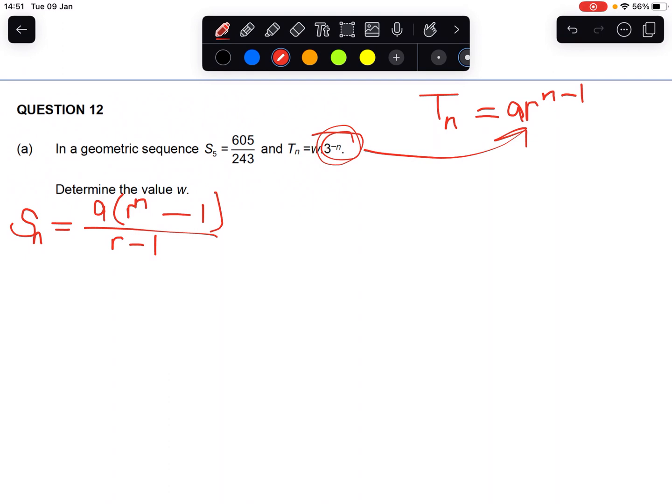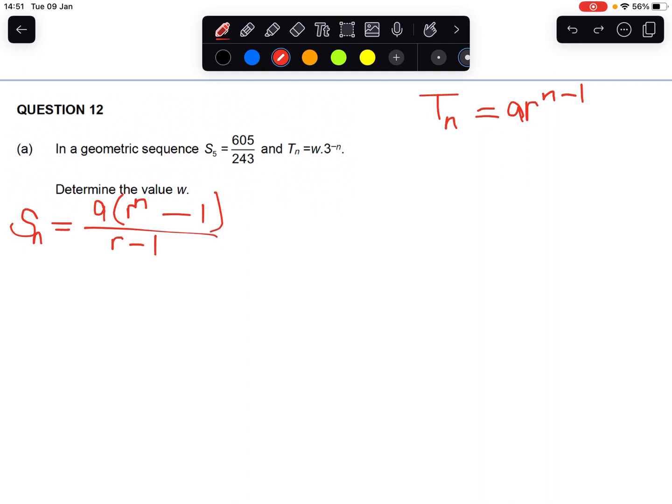For now, I will not try to manipulate it to get it to look like that. I'll do that if I hit a brick wall.